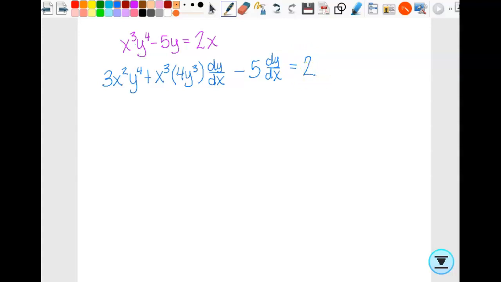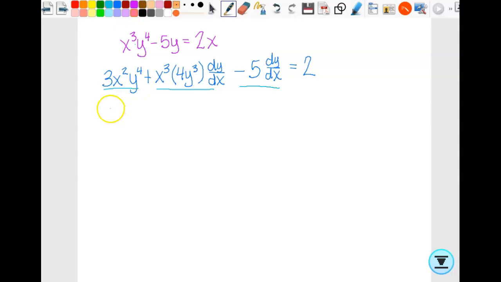Before you move any farther, you go back and count. I had 2 terms that have y on it. I should have 2 dy/dx terms, and I do. Those were missing from a lot of what y'all had. Okay, so then I look at this, and these 2 terms have dy/dx on them. They're going to stay put, and I'm going to move this over to the other side.